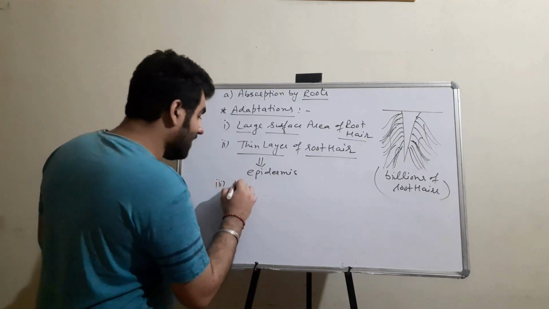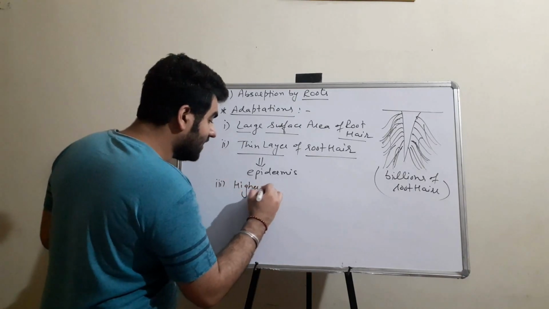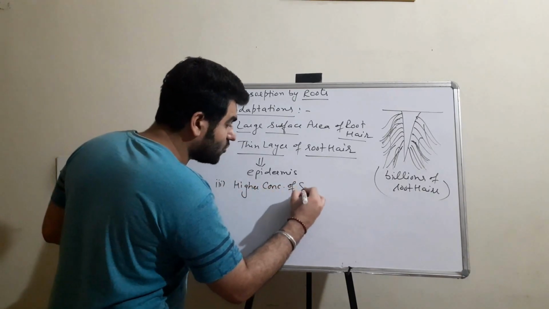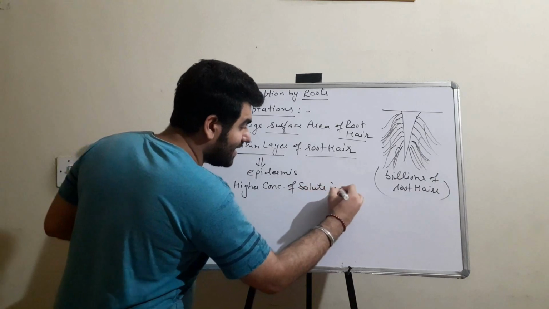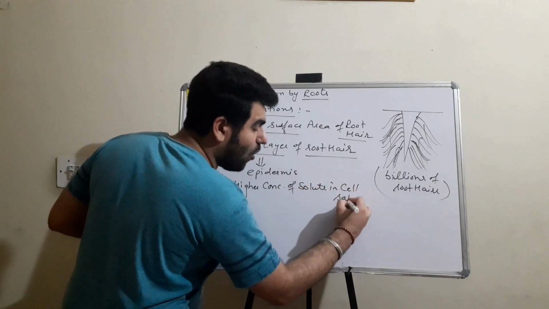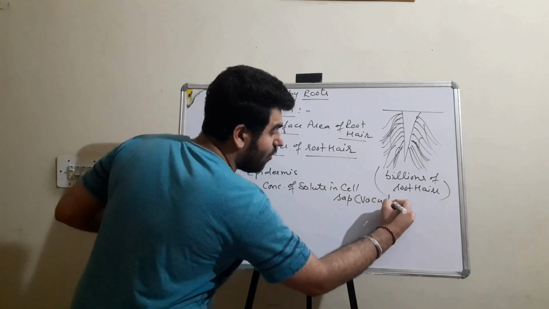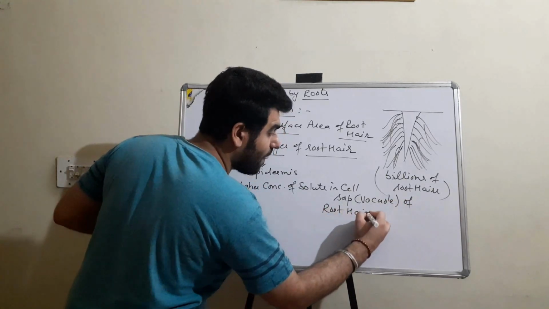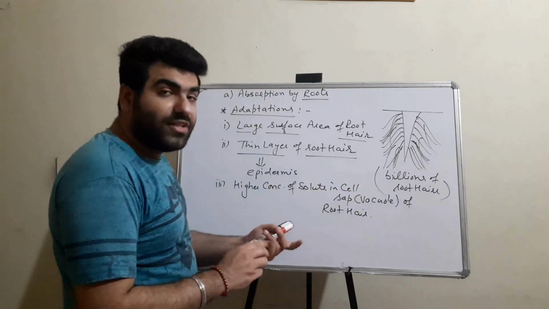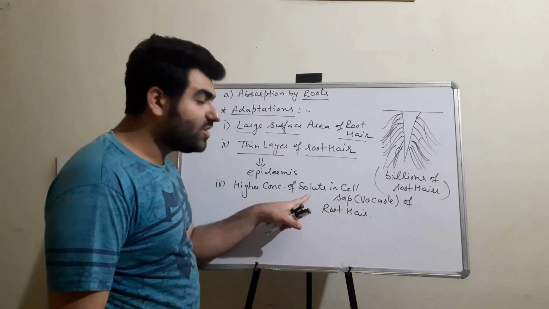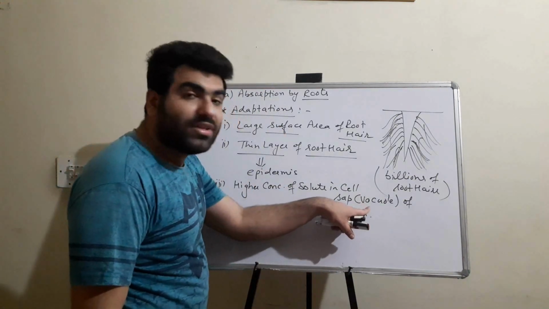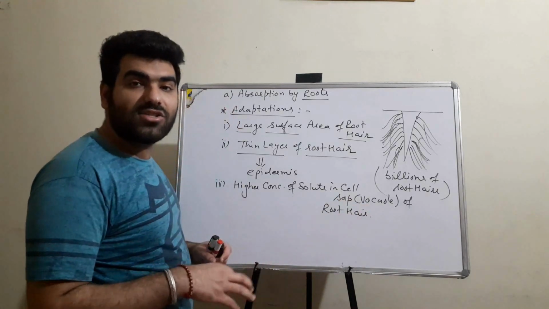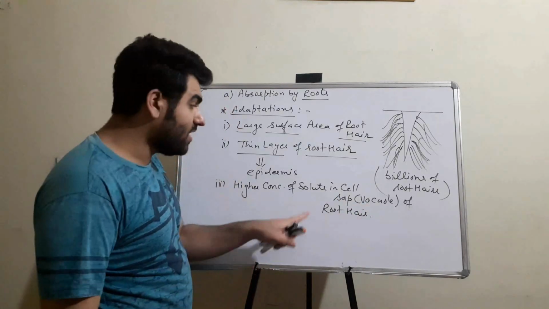The third is the higher concentration of solute in the cell sap, or in the vacuole of the root hair. We know that the vacuole in a plant cell consists of dissolved sugar, salts, minerals.